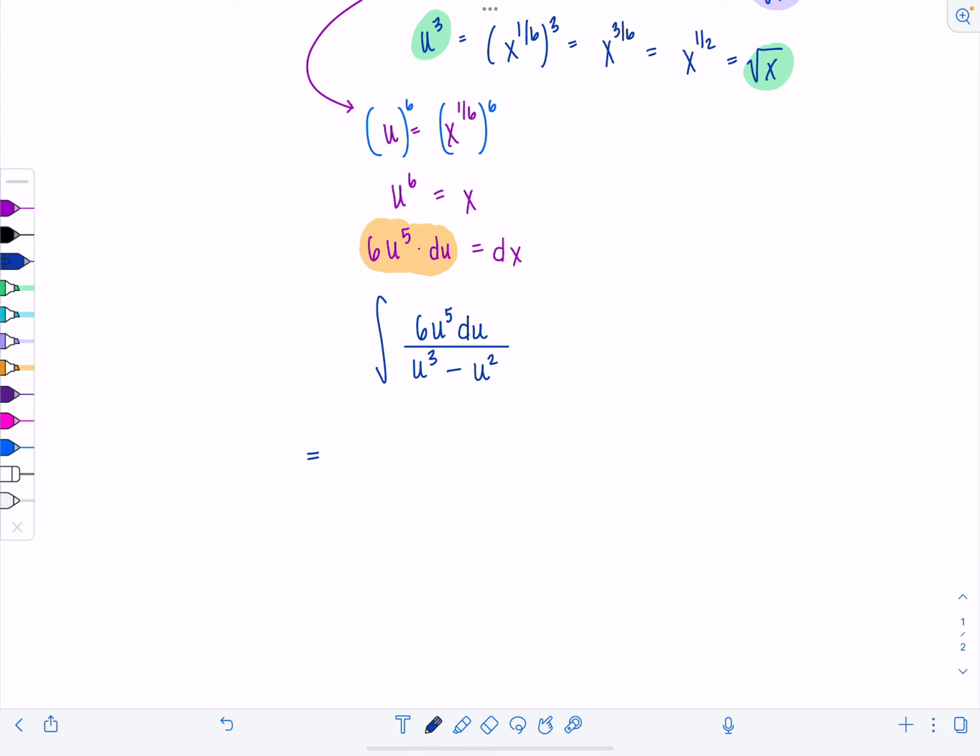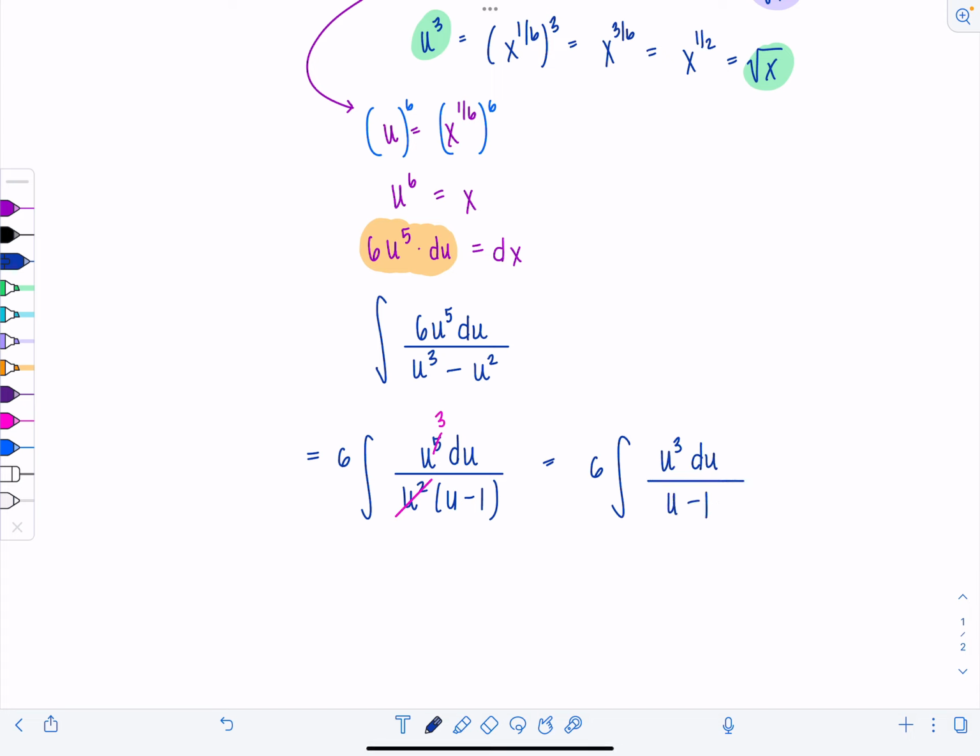Okay, so let's take that constant out, and then you have u to the 5th du. I can factor out a u squared from both terms in the denominator, and then I have u minus 1 left. Come through, cancel this u squared. Now we have u cubed in the numerator. So 6 integral u cubed du over u minus 1.